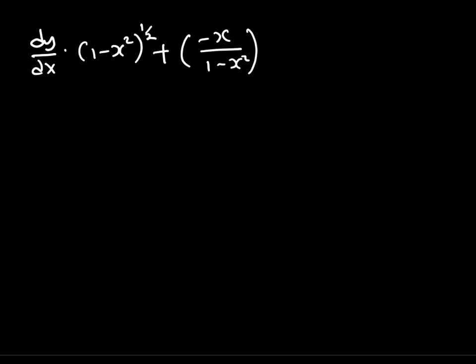We have dy by dx multiplied by 1 minus x squared to the power half, which is the integrating factor, plus minus x over 1 minus x squared times 1 minus x squared to the power half, then times y is equal to 1 over 1 minus x squared times 1 minus x squared to the power half.